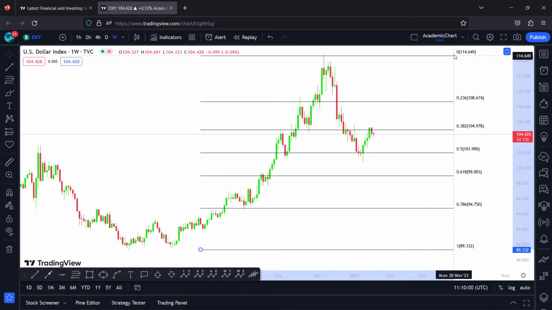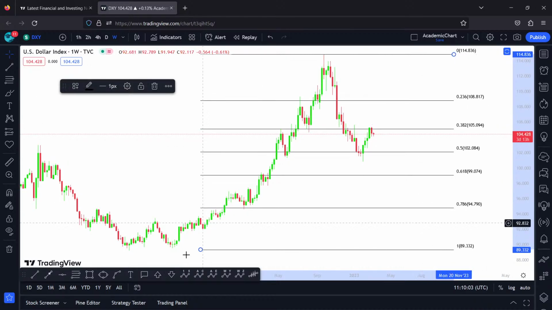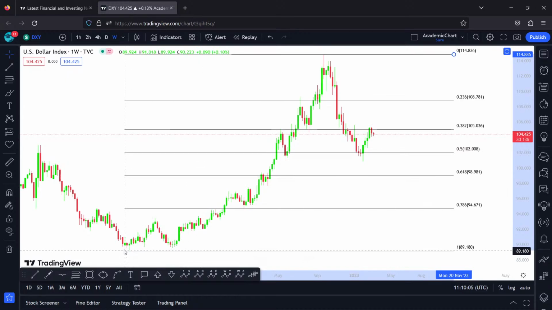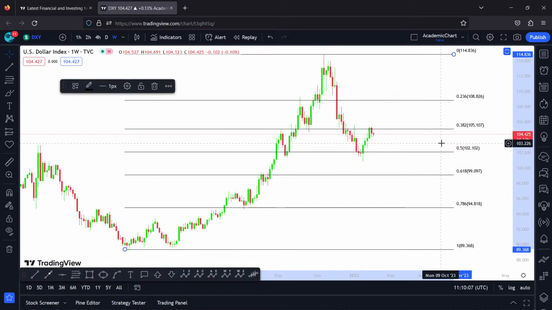Let me just draw it more accurately here. I'm seeing that it seems it was an impulsive wave. I'm not going to count that impulsive wave, but there is some sort of correction to the 50 percentage. So this is really nice that it is reacting to those levels.